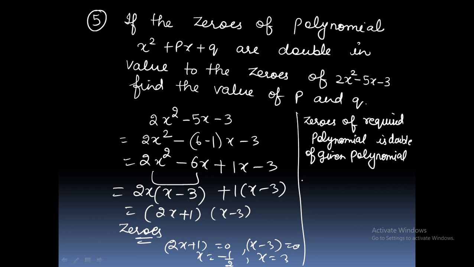So we will write the sum of zeros s is equal to alpha plus beta, where alpha is 3 into 2, that is 6, double, and beta is equal to minus 1 by 2, multiplied by 2, that is minus 1.